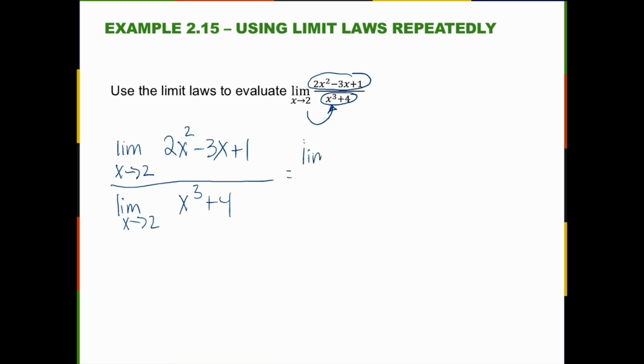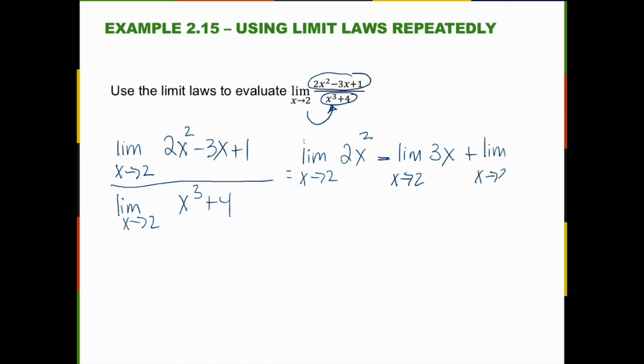So I'm now going to break up the numerator. I can take the limit as x approaches 2 of 2x squared. Now I'm going to use the difference rule to subtract. So now I have the limit as x approaches 2 of 3x.